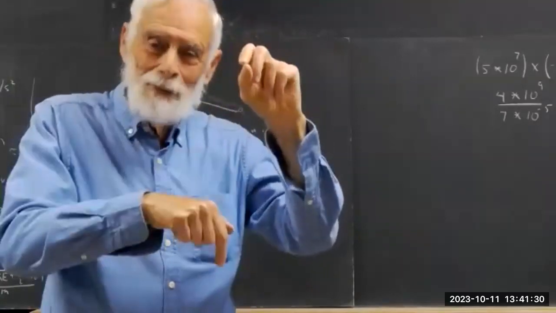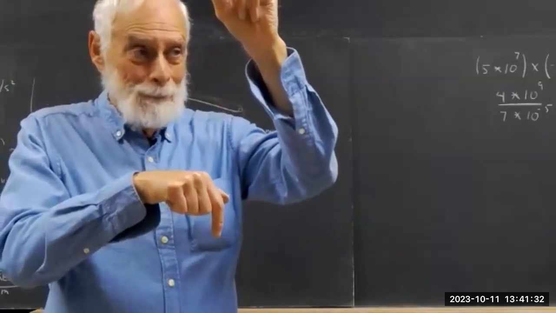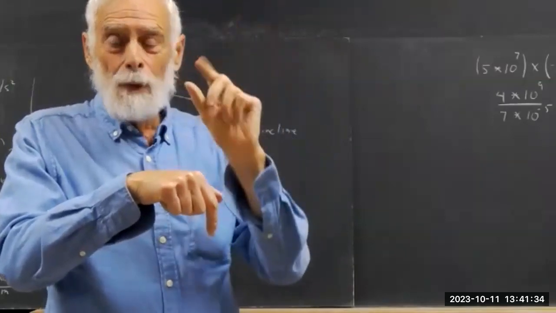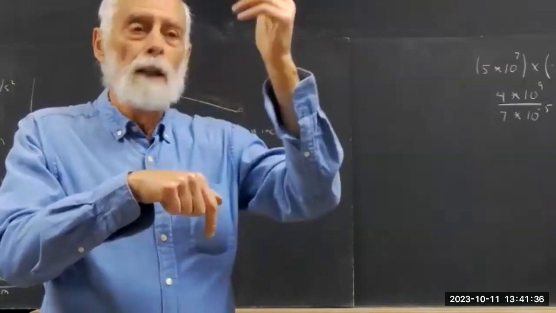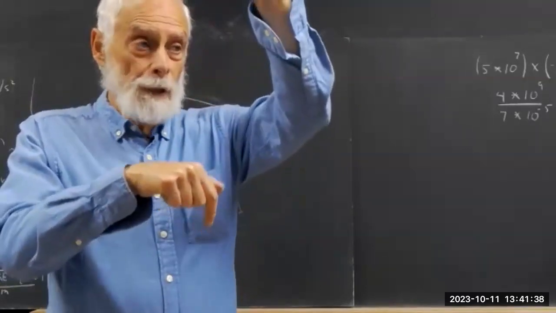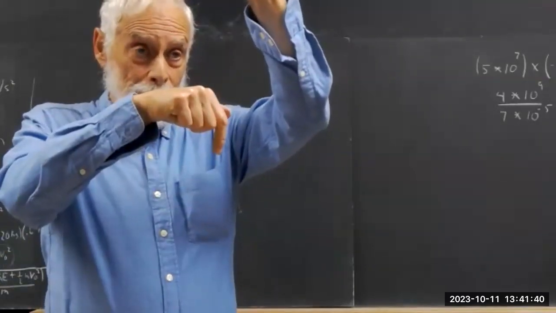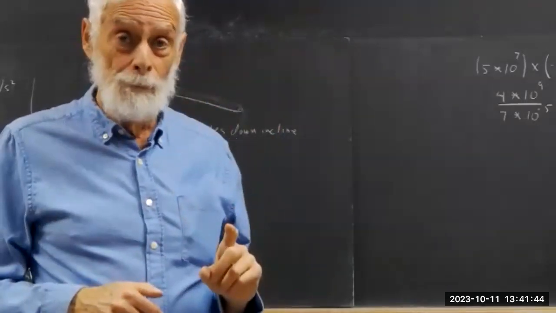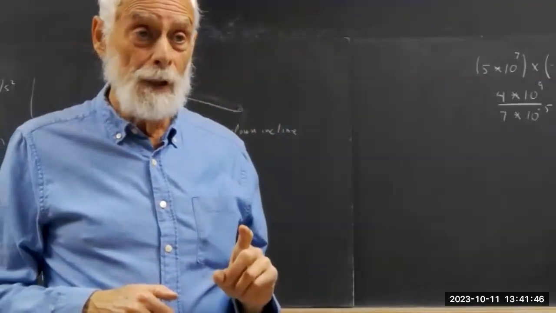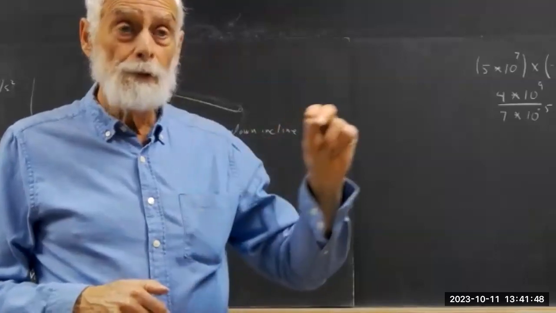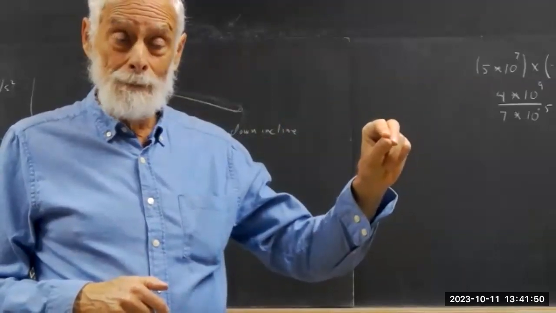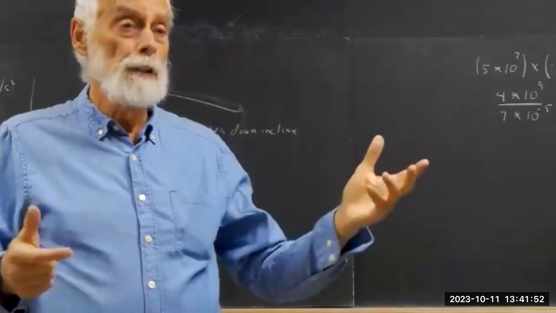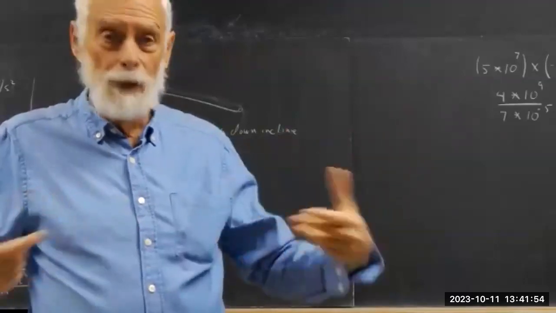If we take up as positive, our displacement is in the positive direction. Force is in the negative direction. They're at a 180-degree angle with each other, so their dot product is going to be negative. The angle is 180 degrees, so the cosine is -1.